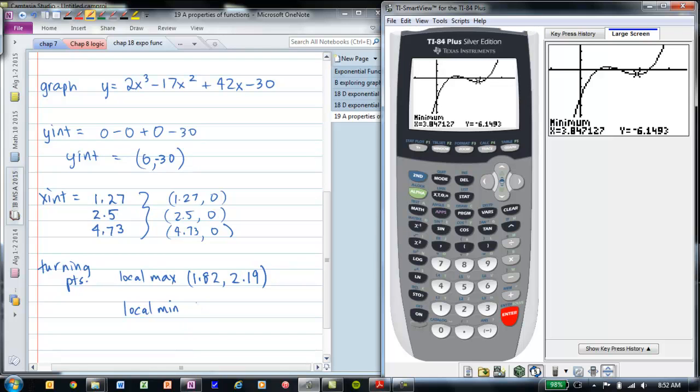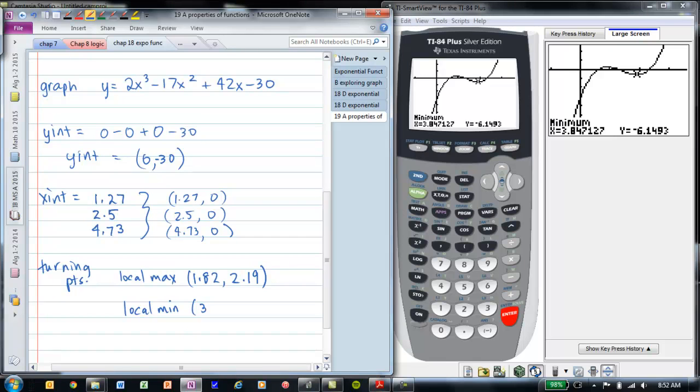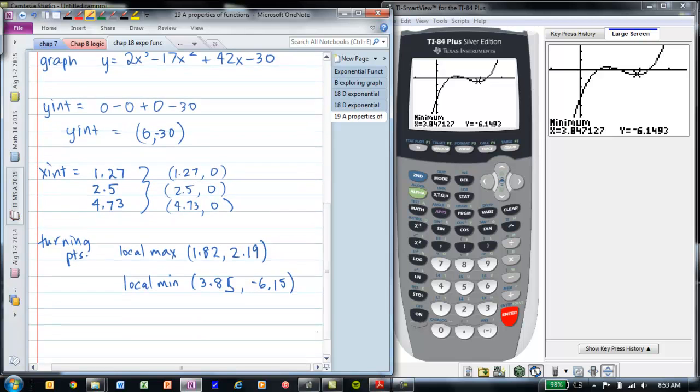So our local minimum in this case is 3.85 and negative 6.15.